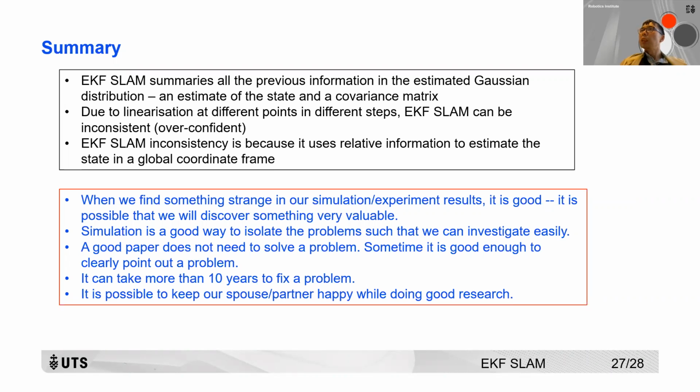Is there a connection here to unbiased estimators? I think currently we are assuming everything is unbiased. So for example, the observation noise, we simulate as absolute Gaussian noise, but still this inconsistency can happen.